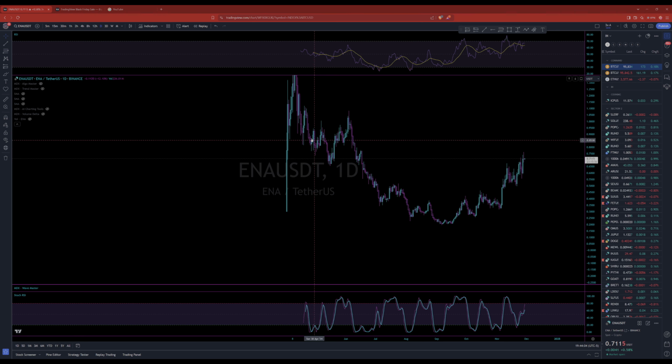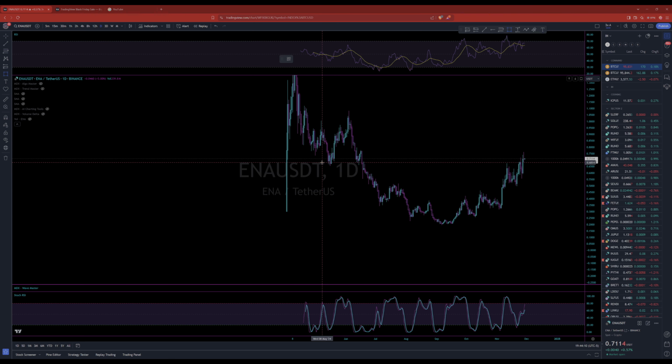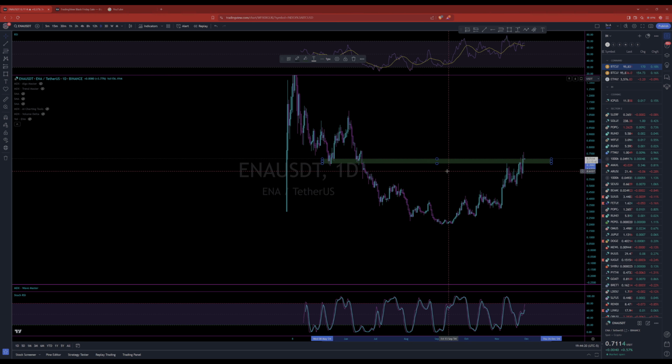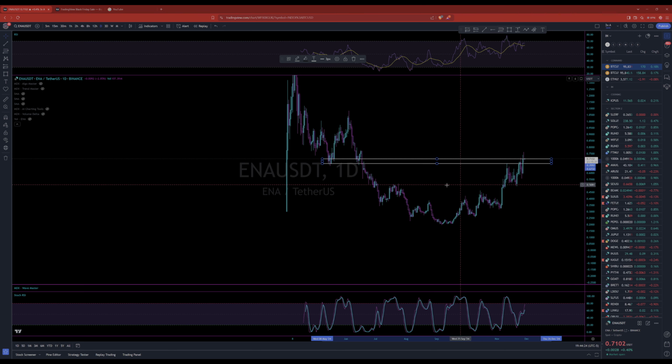So we see a low here, and I like to use boxes. They're more zones than like areas, or their area is a zone, but you can see that this is one. I just like to use regular boxes like this.